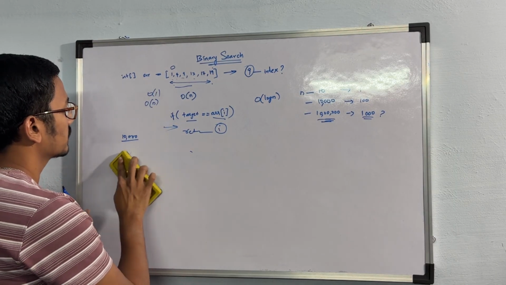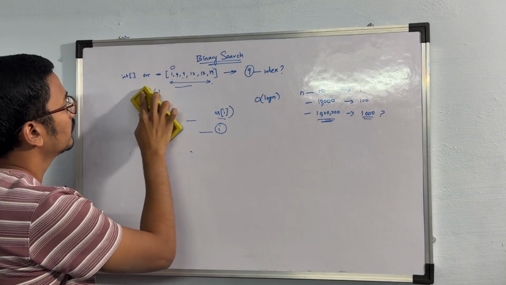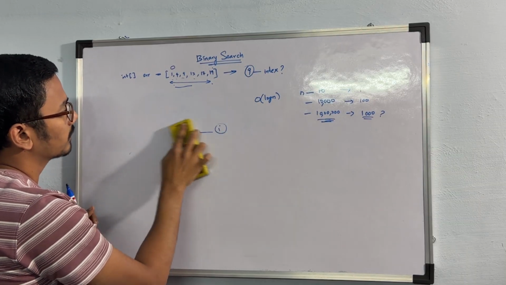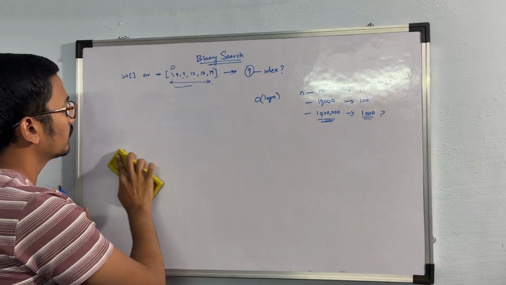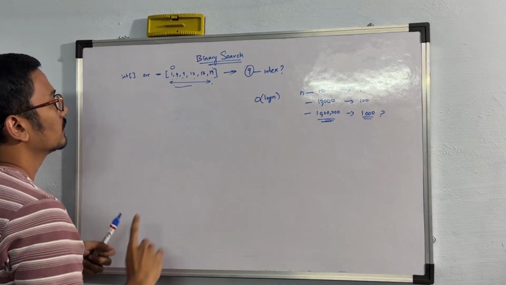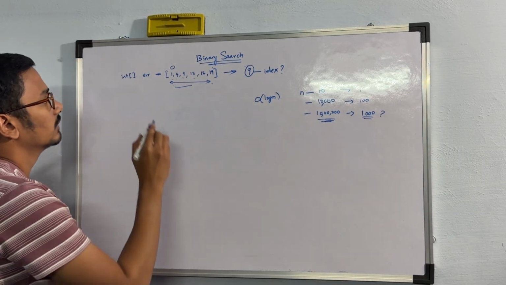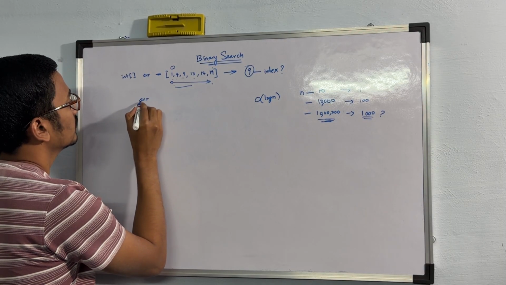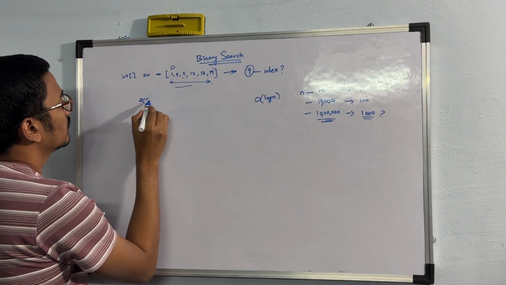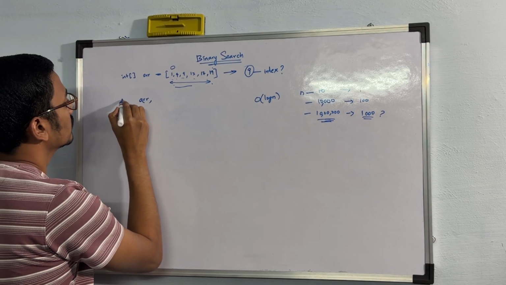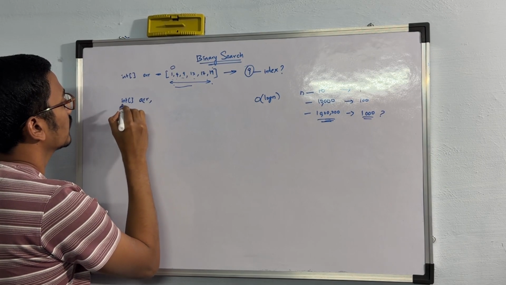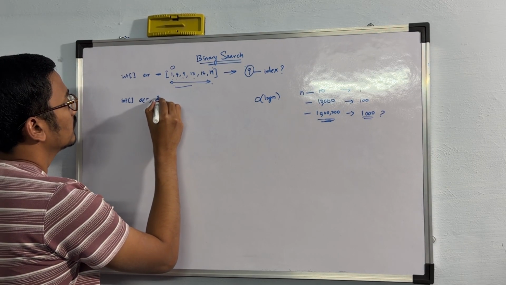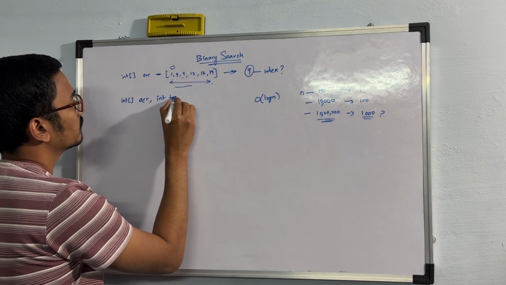So let me clear this out. The usual code, or pseudocode, will be like this. We will have an int array, this particular array, and the target to find.